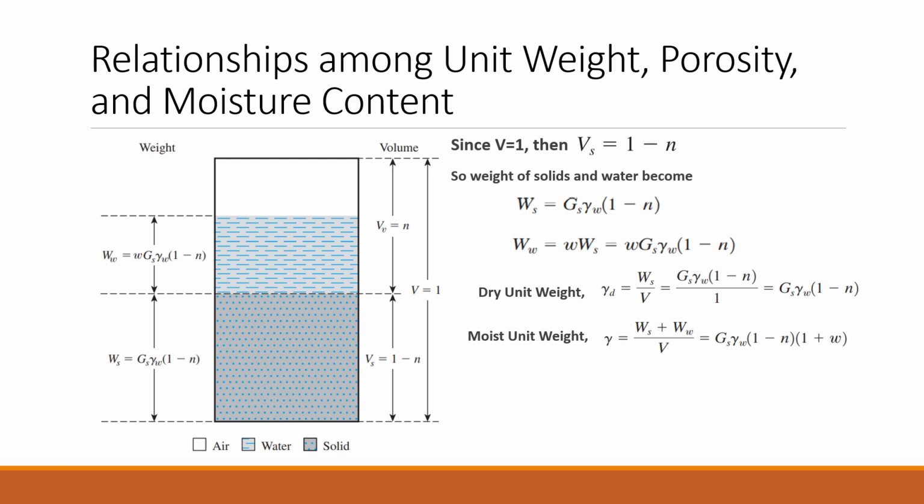So simplifying that equation, we now have the formula for our dry unit weight in terms of porosity equal to the specific gravity of soil times the unit weight of water times 1 minus n.